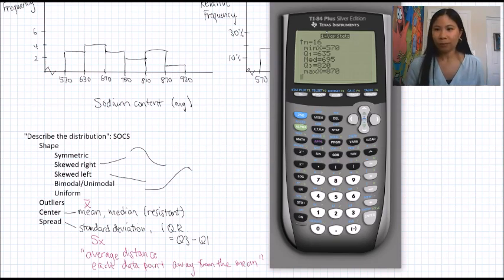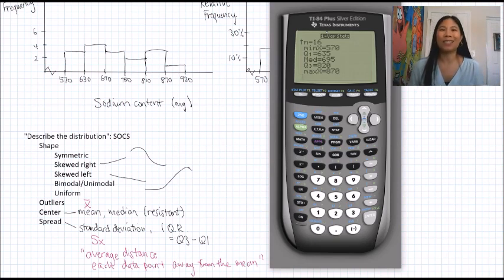Okay, so one thing that I want to mention now that we've gone over SOCs is if we ever had a graph for, let's say, a categorical data set, if you made a bar graph for whatever reason, in a bar graph, you still have all the bars, and so shape-wise, you can still look at the graph and it kind of makes a shape.